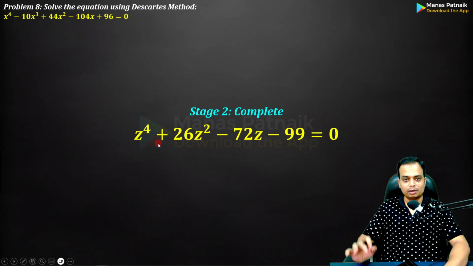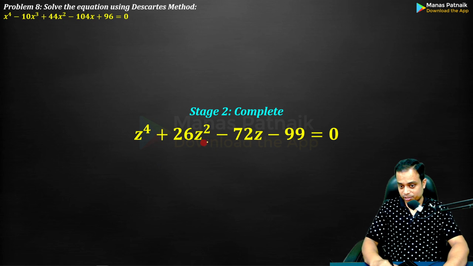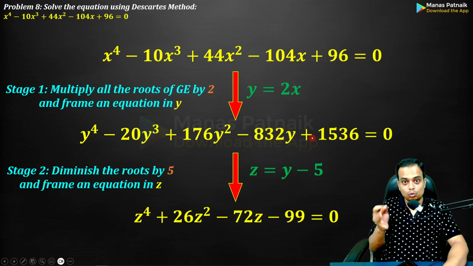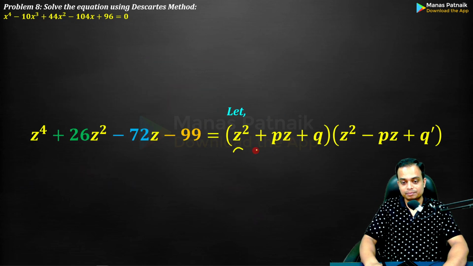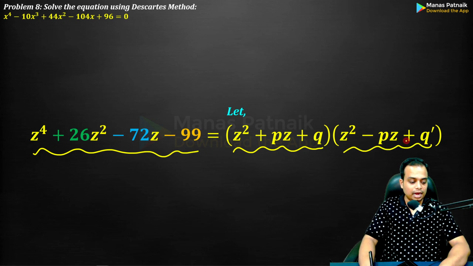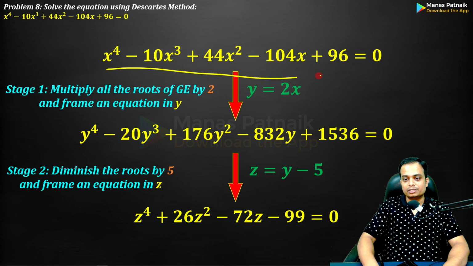And hence, you can now very confidently and straight away apply the Descartes method, which says that this equation in z can be equated to the product of two quadratics like this. And before that, let me summarize what we've done. We started with this given equation.